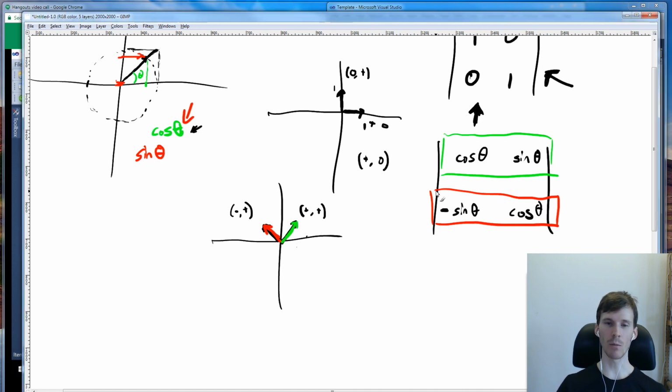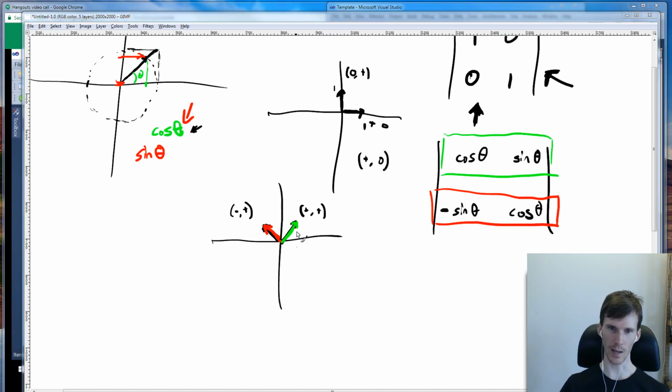Yeah. So what we're saying is to get this result out of a 45-degree rotation, and as well to get this result out of a 0-degree rotation, so that's like theta equals 0, theta equals 45.